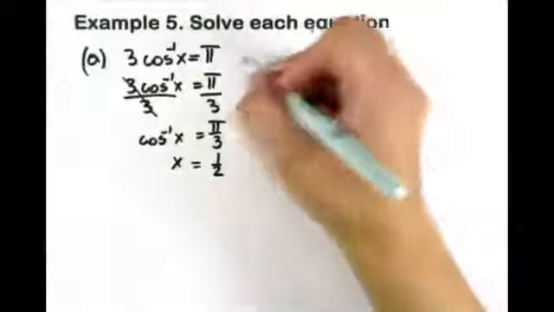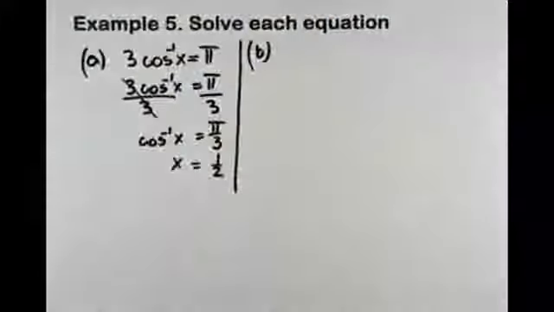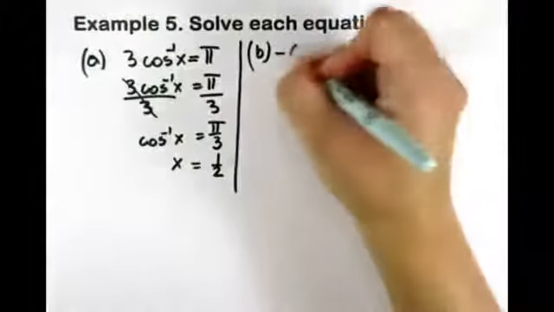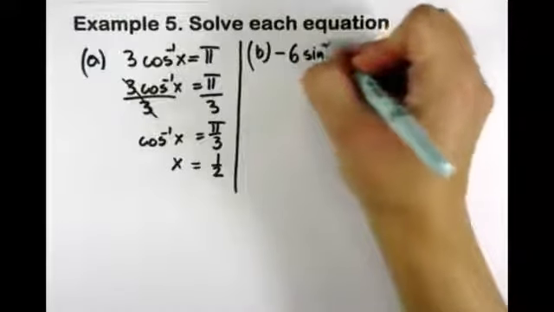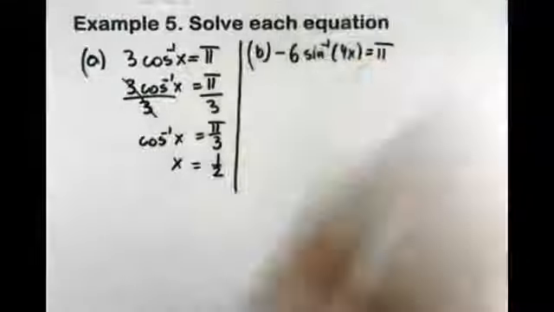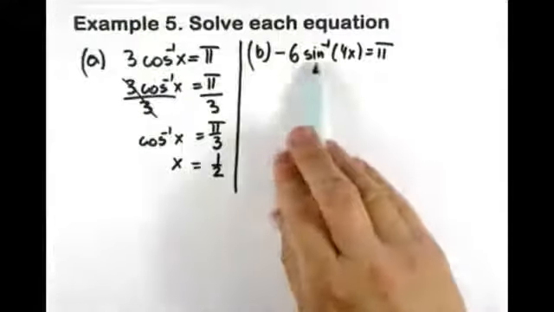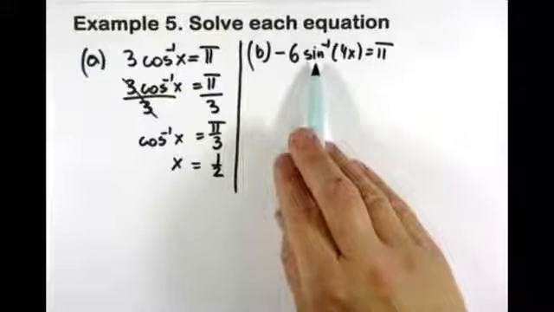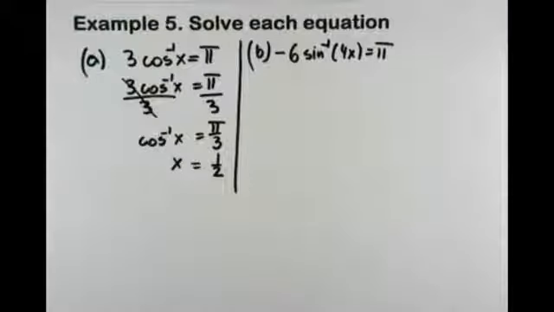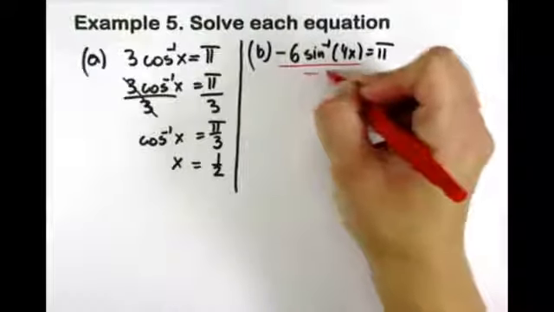Similar way we're going to solve b. We have -6 sine inverse 4x is equal to pi. First we need to solve it for sine inverse. So I'm going to divide both sides by -6.